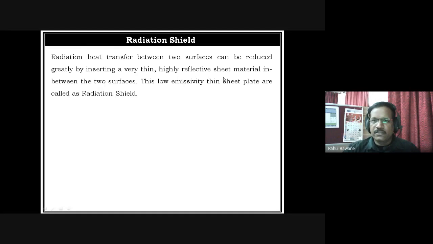It will be received by the other surface. So this reflective sheet material in between two surfaces, this low emissivity thin sheet plate, is called a radiation shield.